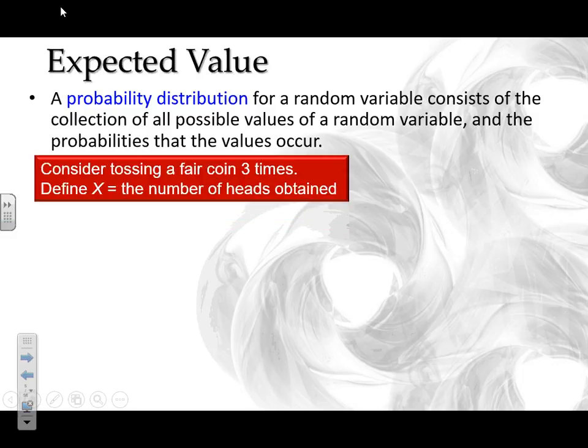So for instance, if we consider tossing a fair coin 3 times, we're going to define a random variable x as the number of heads we obtain. So when we flip it 3 times, we're looking at how many heads are going to happen in those 3 tosses.